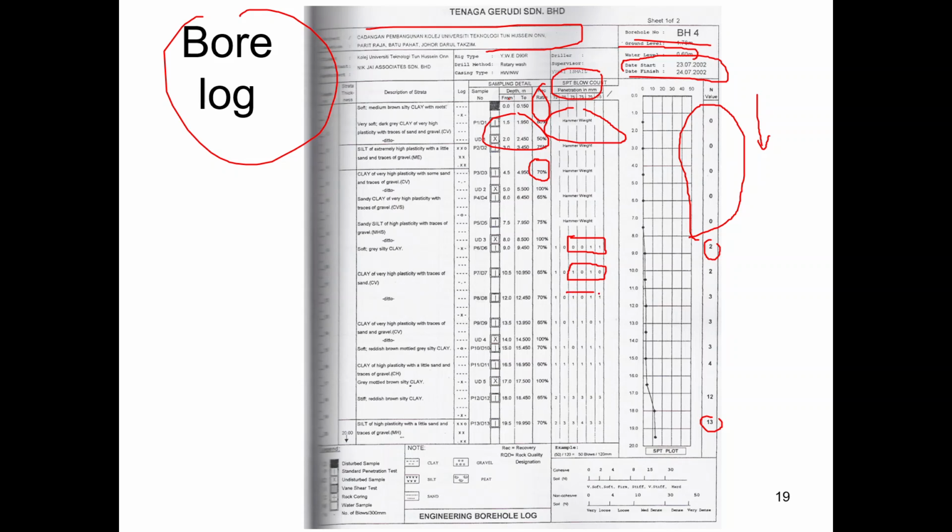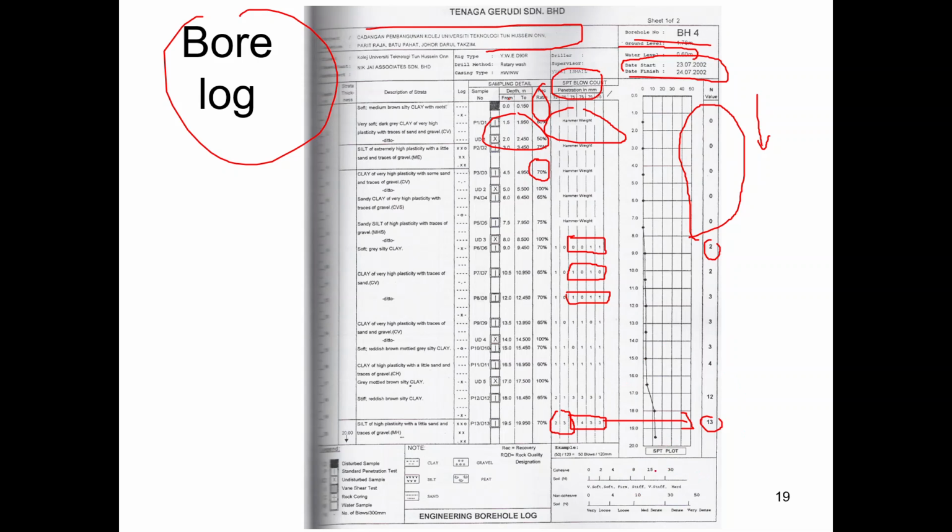So here we got 3, based on the last 4, not 3. You can see the last 4 here: 3, 3, 3, 9, plus 4, 13, so they get 13. That's how they count the number of blows. The first 2 divisions of 150 mm are just for setting the equipment.